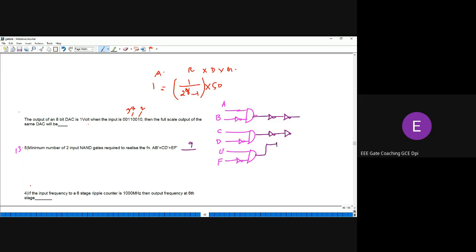If they had asked about the minimum number of NAND gates, I could replace it and the answer would be 8.